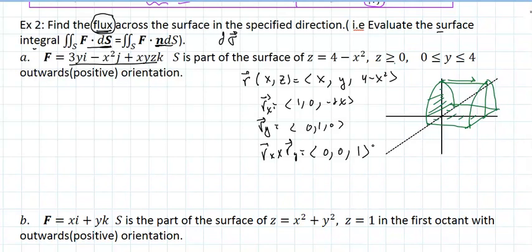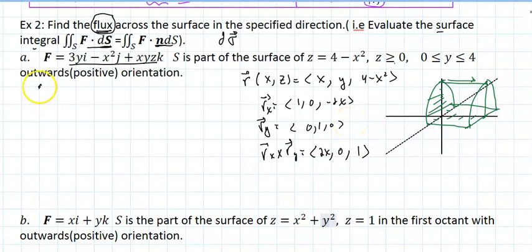Let me just think about that for a sec. I see, I messed up on the i component. If you really look at it, it should have been the i component, so when I run that, it's going to be 0 minus a negative 2x, that's 2x. The j component is actually 0 minus 0, yeah, okay, there it is. That's r sub x cross r sub y.